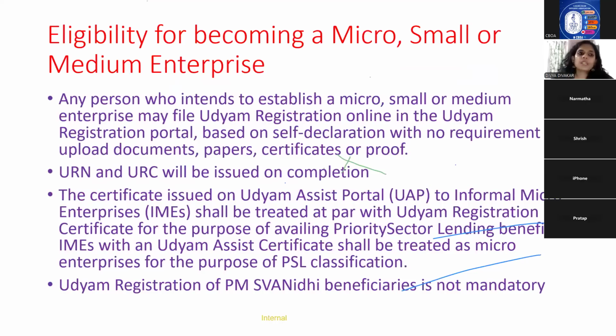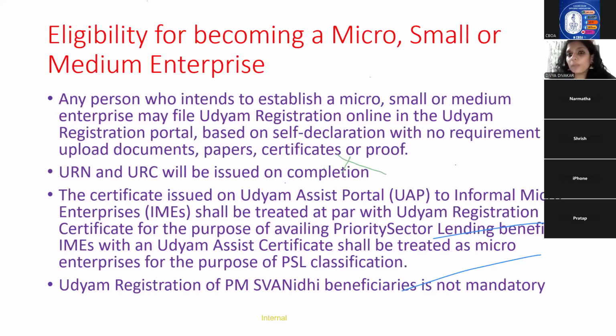Now the basic thing, eligibility for becoming a micro, small or medium enterprise. If any person wants to establish a micro, small or medium enterprise, they have to file an Udyam registration online in the Udyam registration portal.